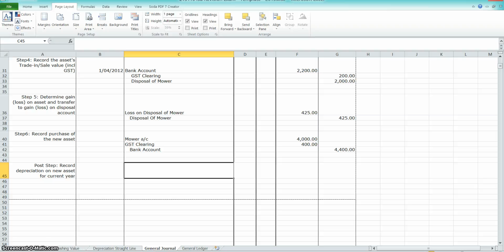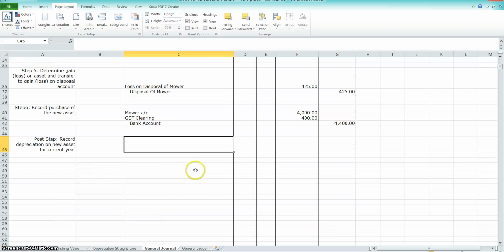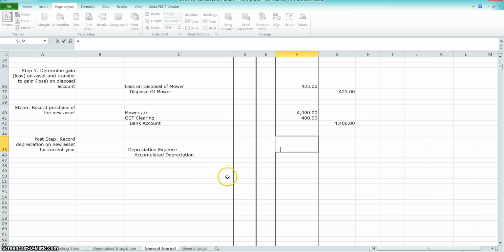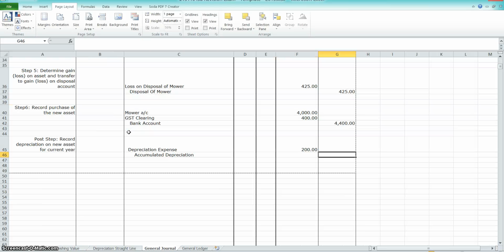So exact same journals as the beginning where we were recording our depreciation expenses. So depreciation expense account and accumulated depreciation. Okay, depreciation expense will be equal to that 2012 value, $200, and the accumulated depreciation will be the same.